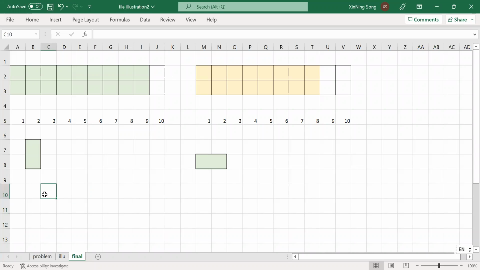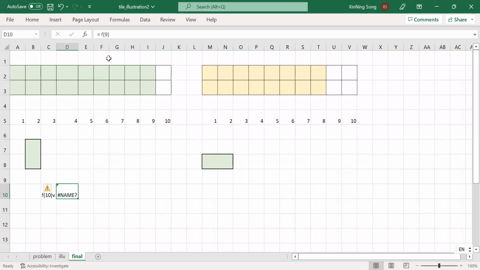So then you can say that if the last one is vertical, then F10 vertical is equal to F9.